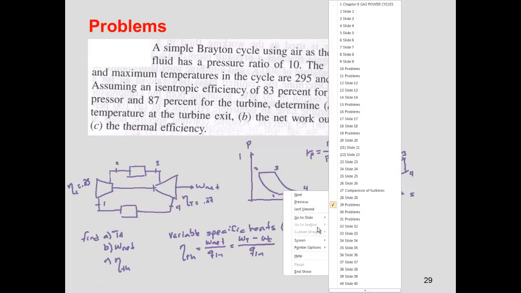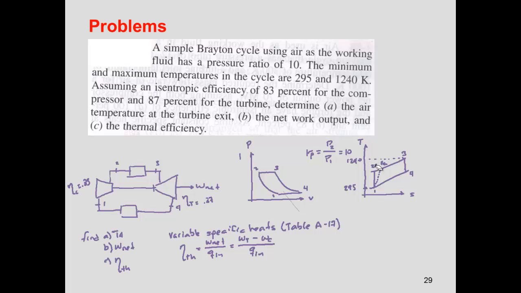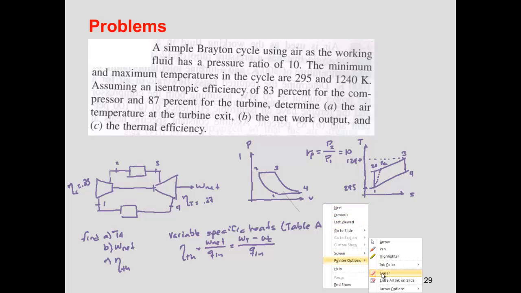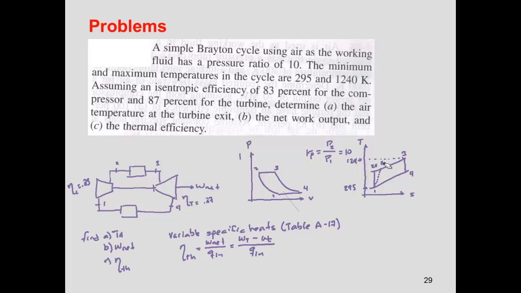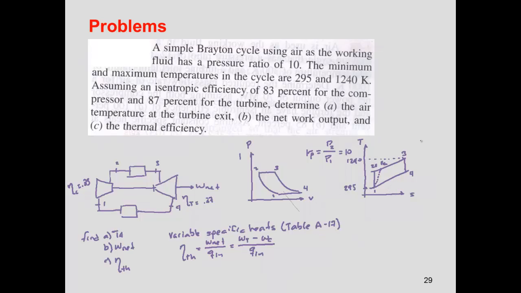Let me draw this a little bit better. So this will be 4s. And I will have a 4 actual.